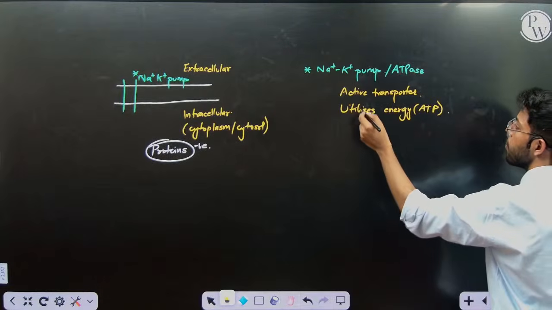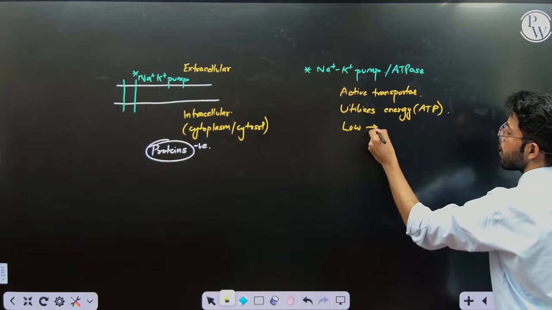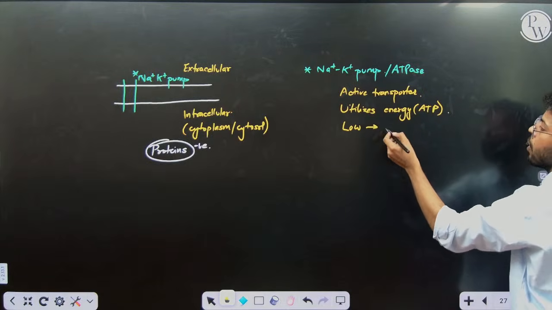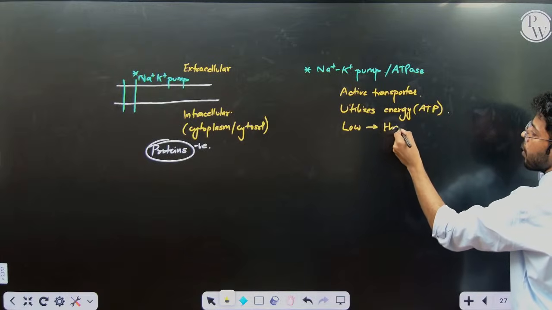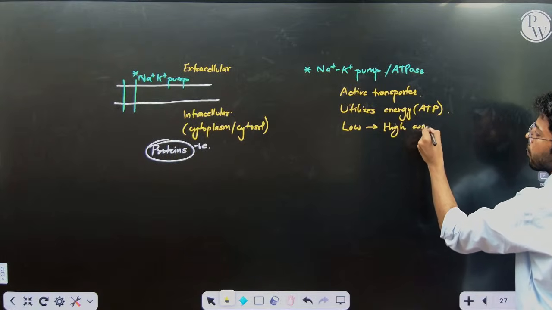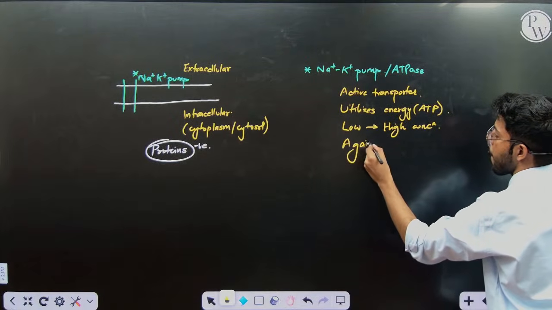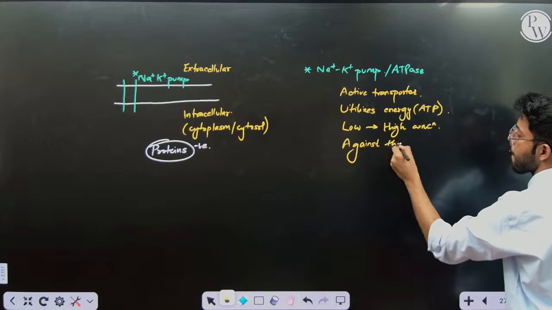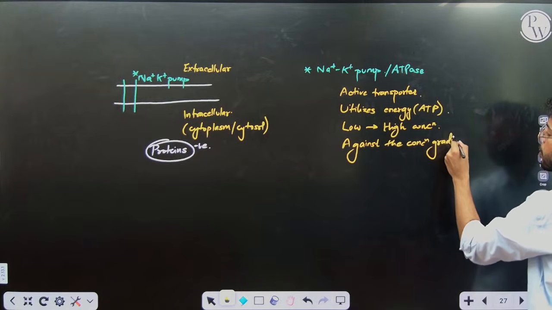And since this is an active transporter, it always moves ions, sodium or potassium, from low to high concentration. This is against the concentration gradient.